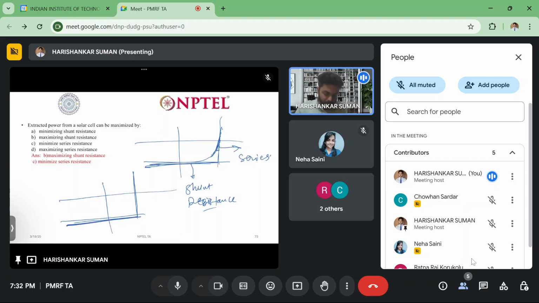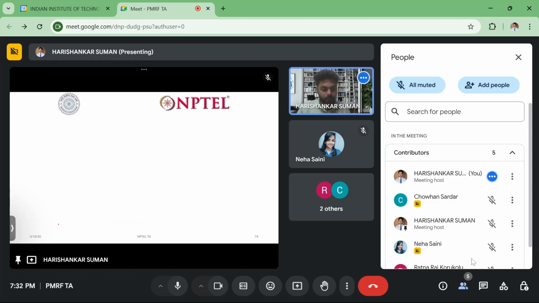This should be parallel to the horizontal, but looks like that. So the shunt resistance is given by the inverse of the slope. So shunt resistance should be infinite and series should be zero. Yes, next question.